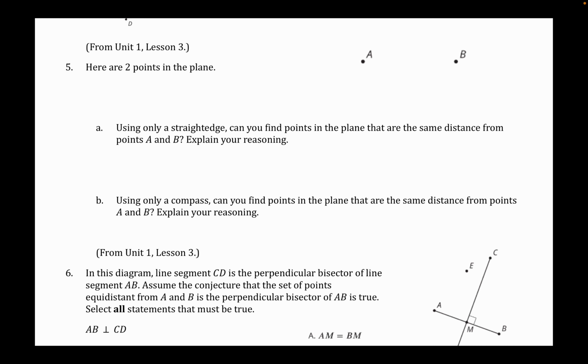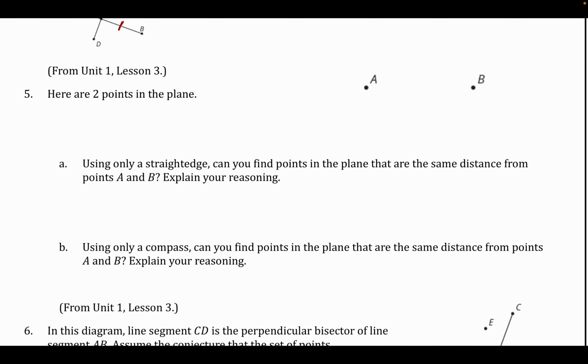If we were using a ruler, we could try to measure and use measurements, but technically a straight edge, by definition, doesn't necessarily have those parts on it marking distance. All a straight edge tool allows you to do is to draw a straight line. So a straight edge and a ruler are technically two different things. So I would say for these, if I only have a straight edge, I cannot find points that are the same distance. I would actually need a compass tool in order to do that. So I'm going to write that.